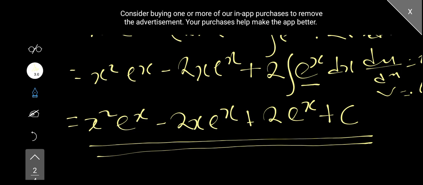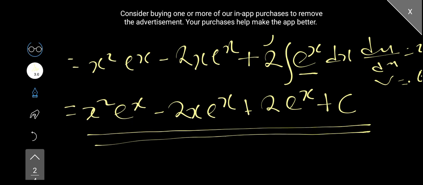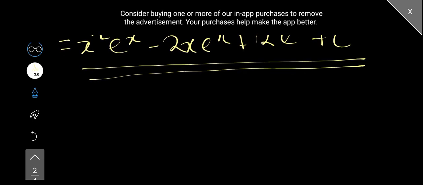Okay, now guess what? We have an even pretty easy method to use called the DI method. So how did this one come about also? From the formula of integration by parts, we can note certain behaviors as we go about integrating.